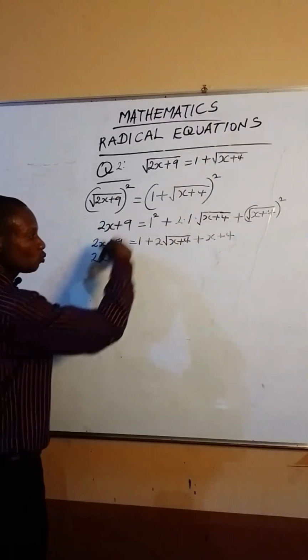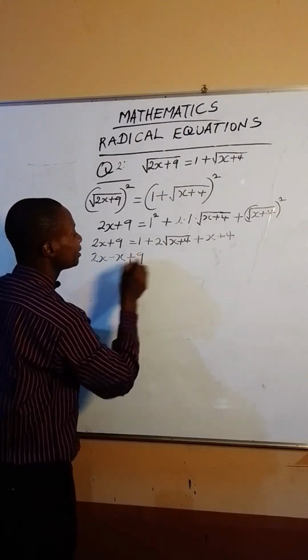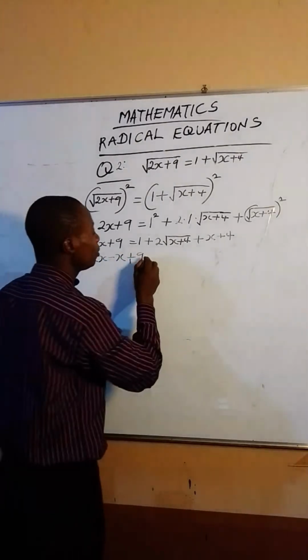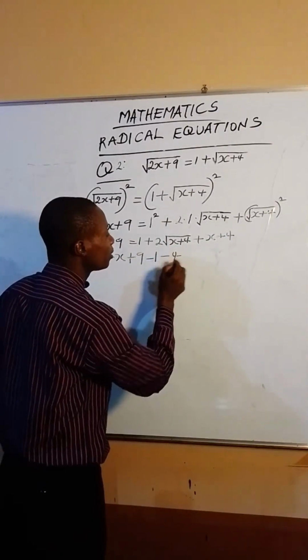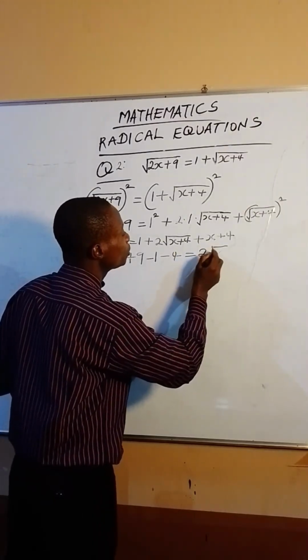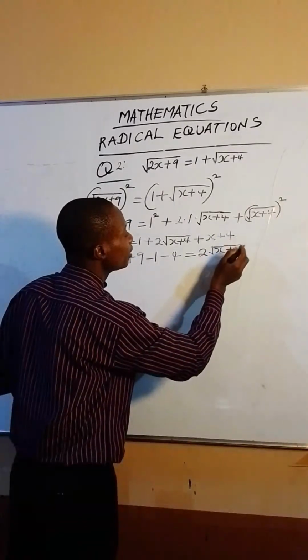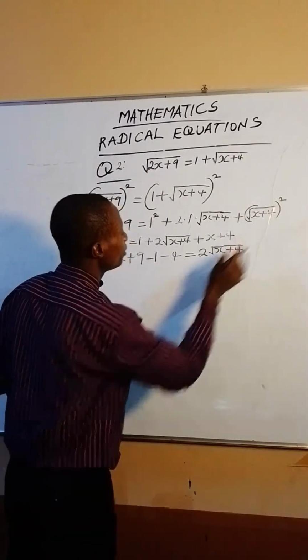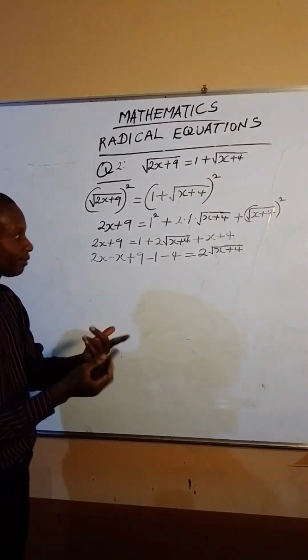Bring this x this way. Then we have plus 9, then minus 4, then equals 2 times the square root of x plus 4.